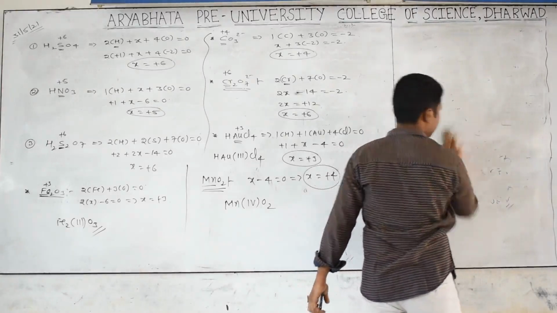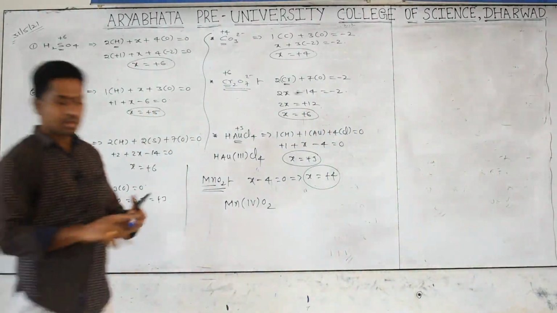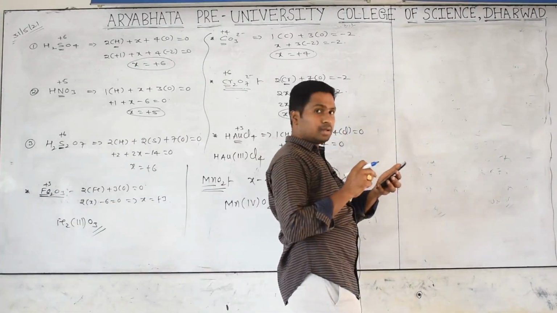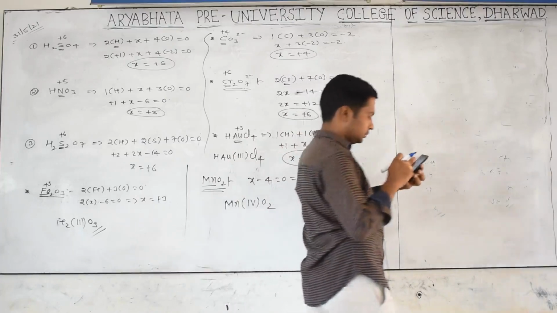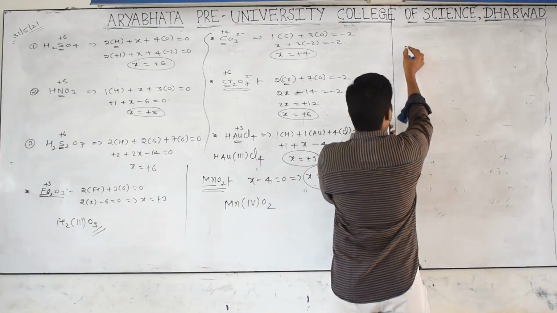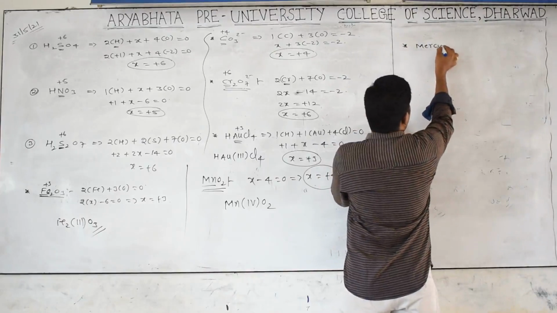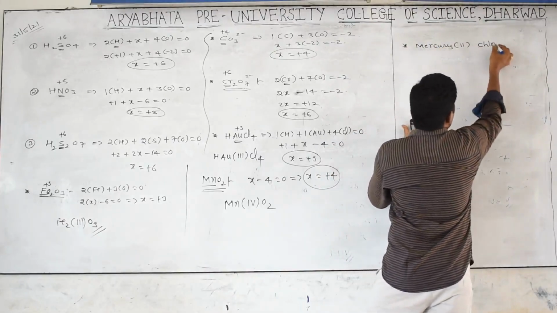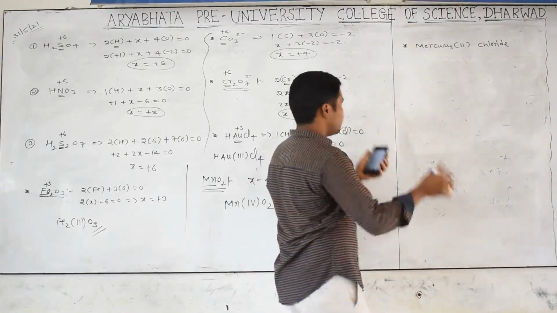I will give you some other species, just check it. Mercury(II) chloride. He is asking for a formula for this. Some examples will be there.